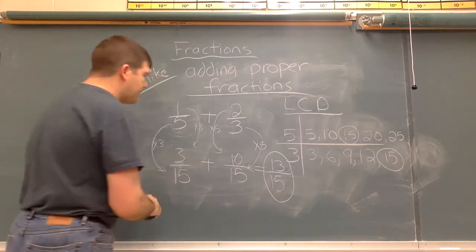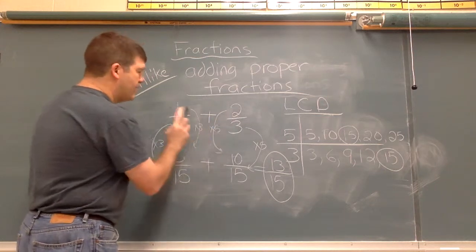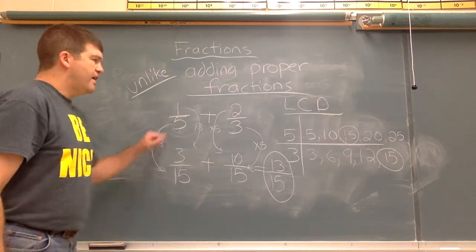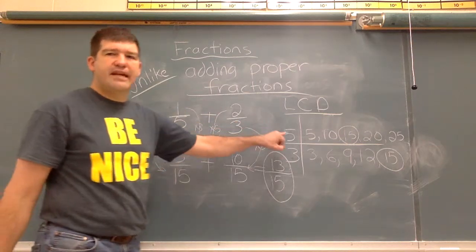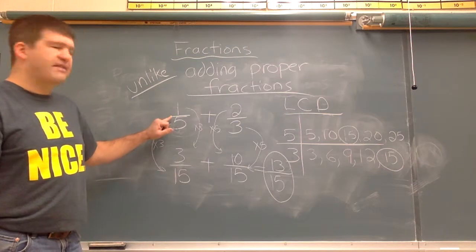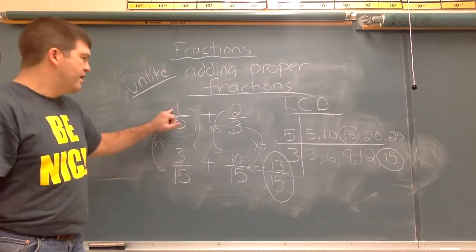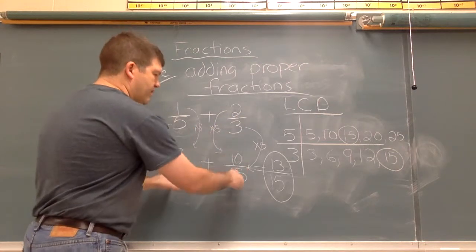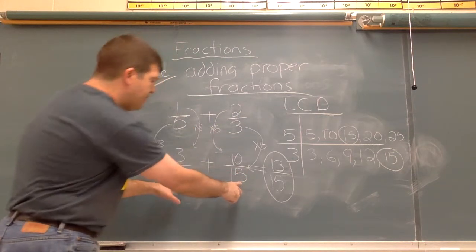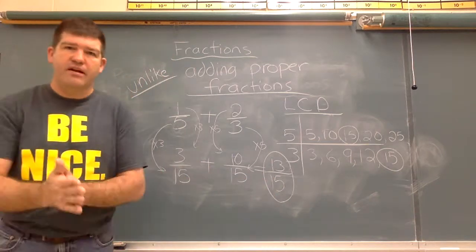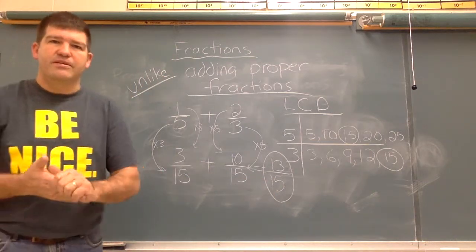So 1/5 plus 2/3 is 13/15. And the way I did that was I found the least common denominator, put it down here, did the same to the top and the bottom, so I get an equivalent fraction. These are equivalent. And once they're equivalent and they're like, you add them together and you get that. Okay? Easy peasy, lemon squeezy.